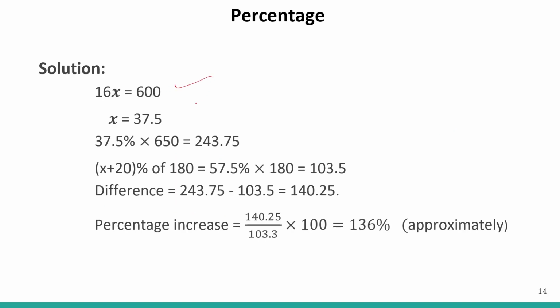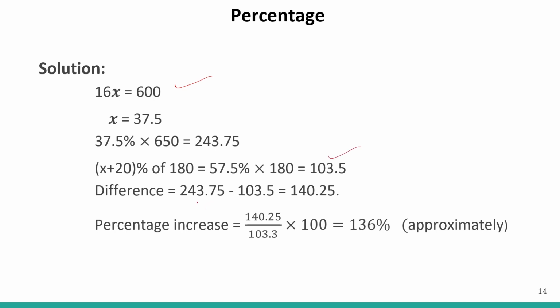So 16x will be 600. So x will be 37.5. So 37.5% of 650 is equal to 243.75. So this will be the answer. Okay. So x plus 20% of 180 will be 57.5% of 180, that is 103.5.